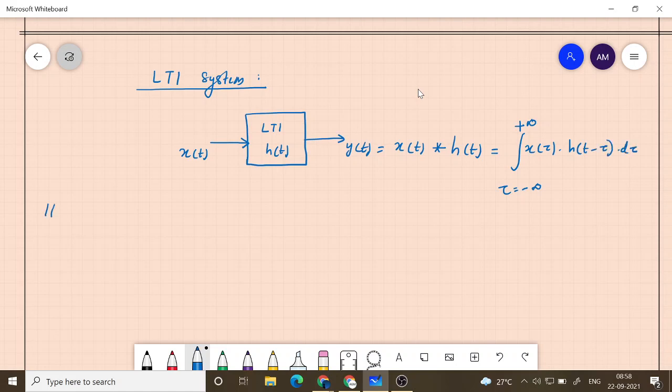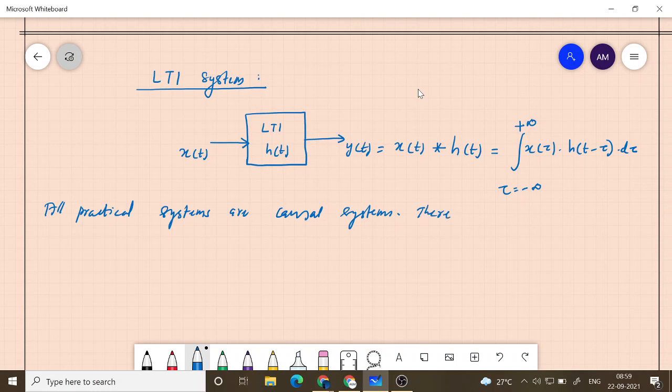Now, on top of a linear and time invariant system, if the system is additionally causal, which it is, because all practical systems are causal systems, what does that mean?